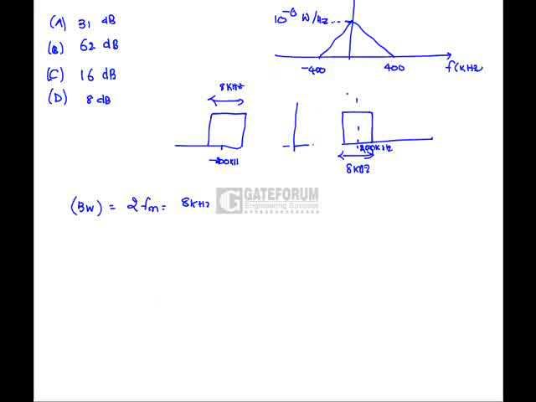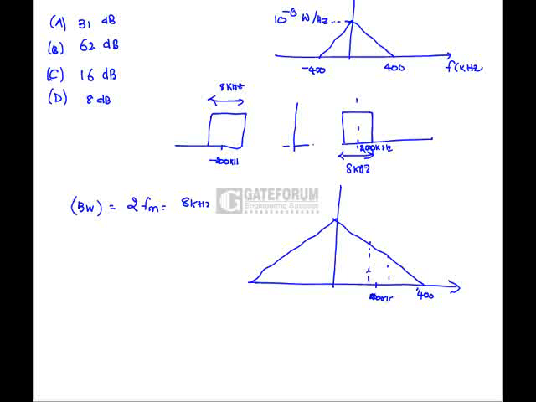So if we pass this signal through a channel having a PSD in this way, the signal is going to be affected in this way. Here this is the PSD of the channel. This is 400, so exactly in the middle we get 200 kHz.